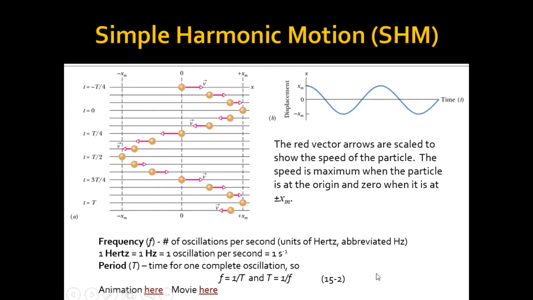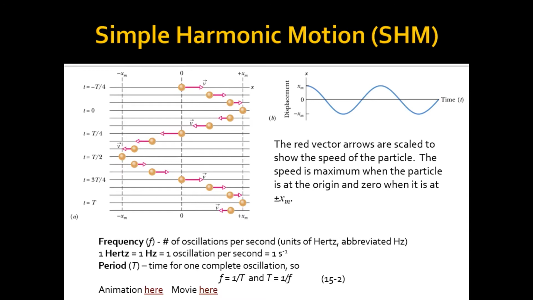The period is the time it takes for one complete oscillation. And we see that the relationship between the period and the frequency is that they are reciprocals of one another. In other words, taking the example of a frequency of 10 hertz, if something vibrates or oscillates 10 times per second, then each oscillation will be 1/10 of a second.